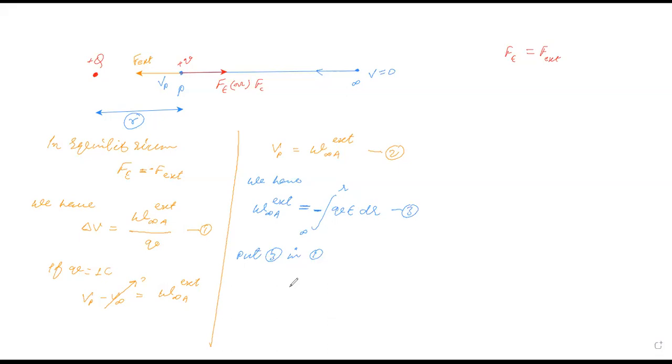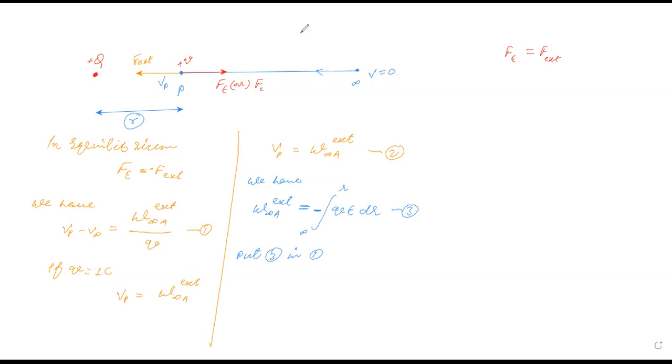Everything is okay, but I want to add one more step. You can take here directly Vp minus V infinity, so delta V. We can write here Vp is equal to W from infinity to A.